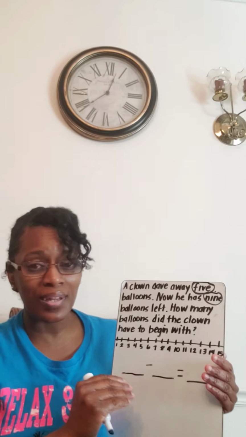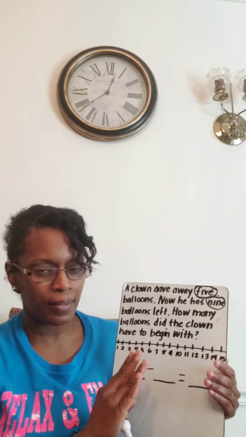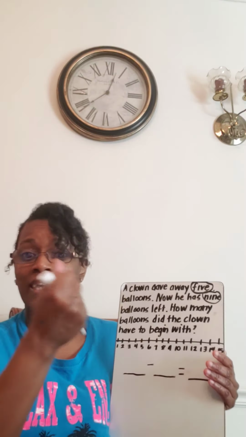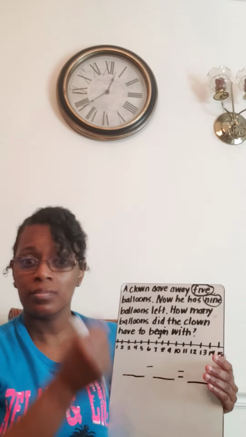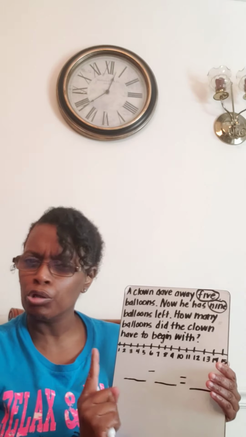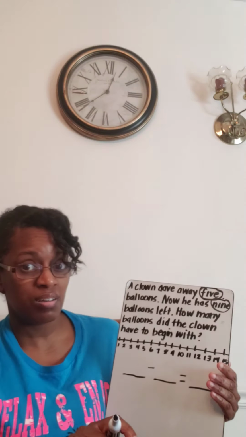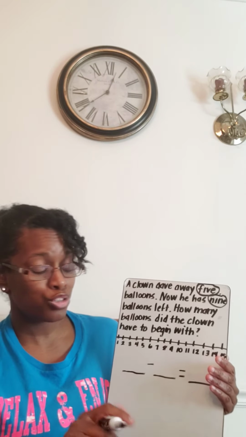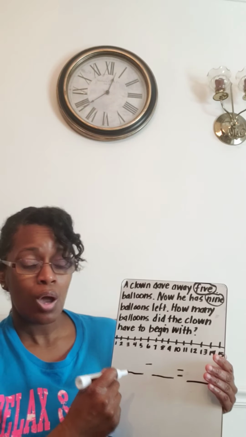How many balloons did the clown have to begin with? Now this one is tricky, guys. Let's fill in our numbers to kind of look at it, okay? So the clown is giving away 5. Now let's think about it. How many balloons did the clown start off with? Did it tell us? No. So guess what, boys and girls?